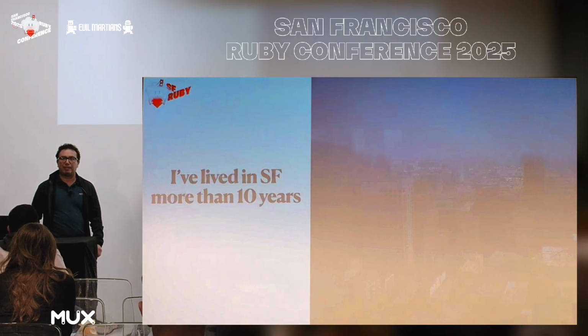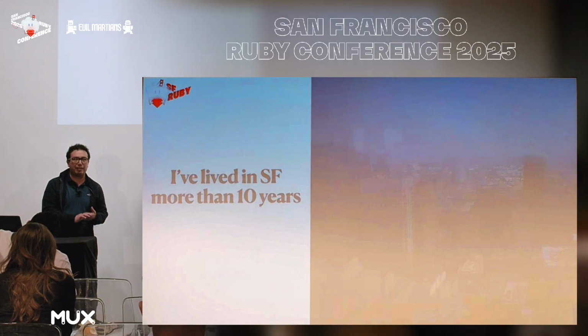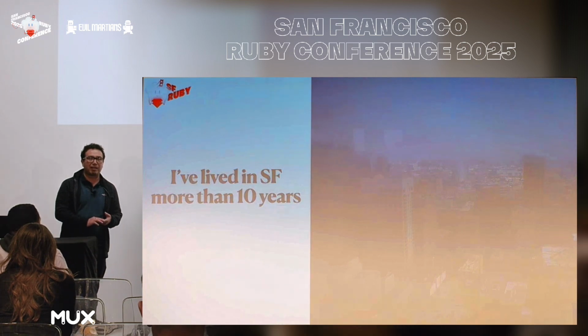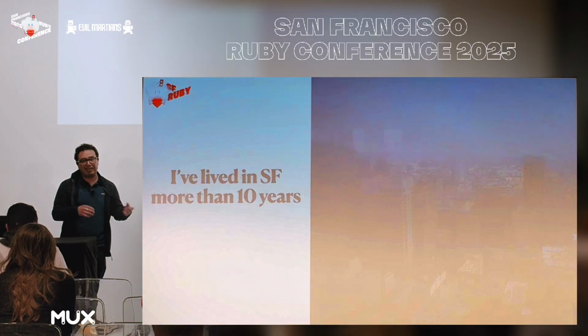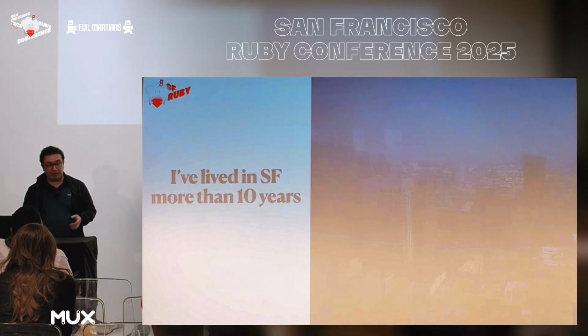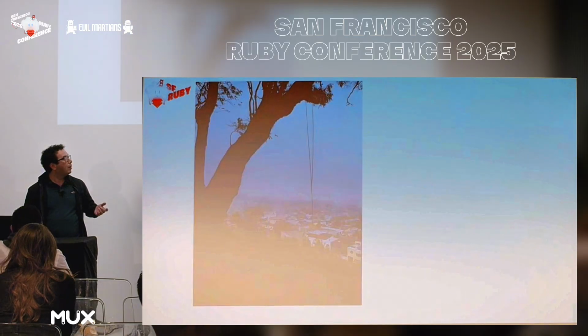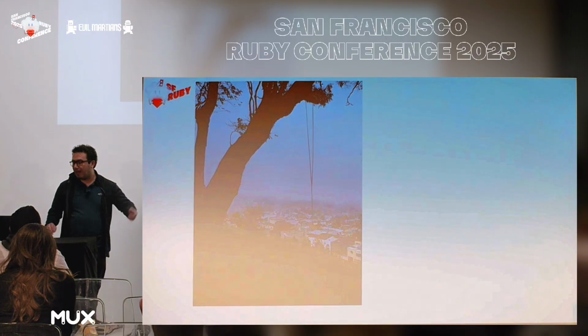And I've lived in San Francisco for around 10 years now. And one thing that has fascinated me is the fog. I'm originally from Mexico, so we don't have as much fog in the area where I used to live. But here it is just amazing. This is one view from a park next to my house.